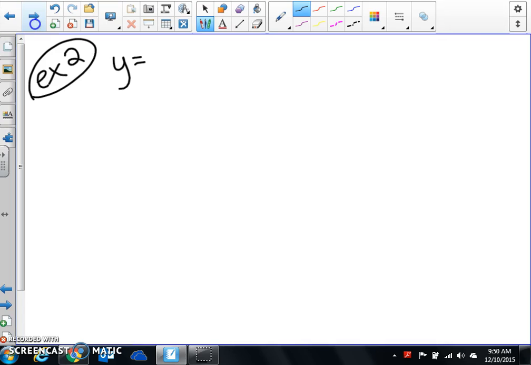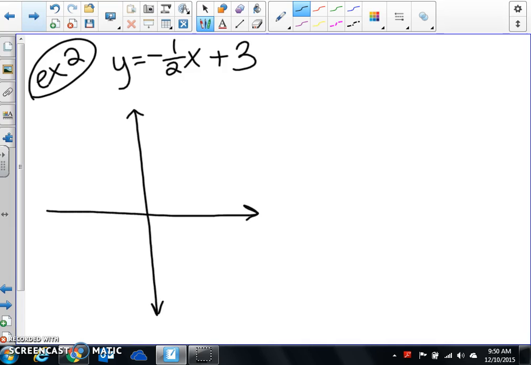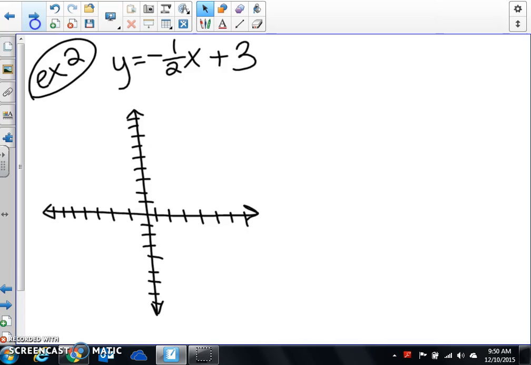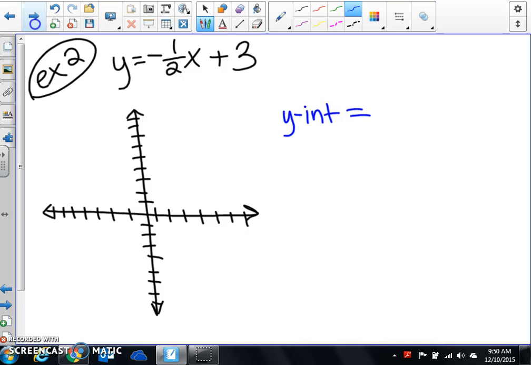Y equals negative 1/2 x plus 3. Okay, so the first thing I do is I'd go ahead and draw my axis or my coordinate plane. Okay, so the first thing I'm going to pluck out is my y-intercept, right, which is my constant.